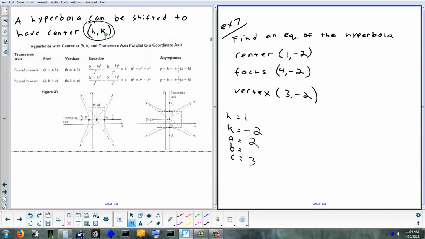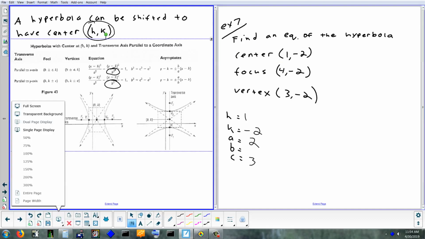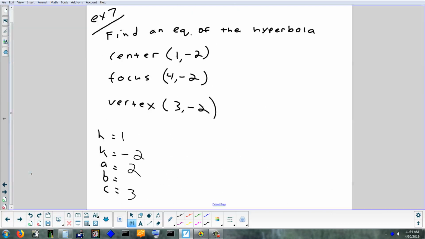But I'm missing one of the letters that I really need. I've got to have B. Okay. So what's the formula to find B? C squared equals A squared plus B squared.